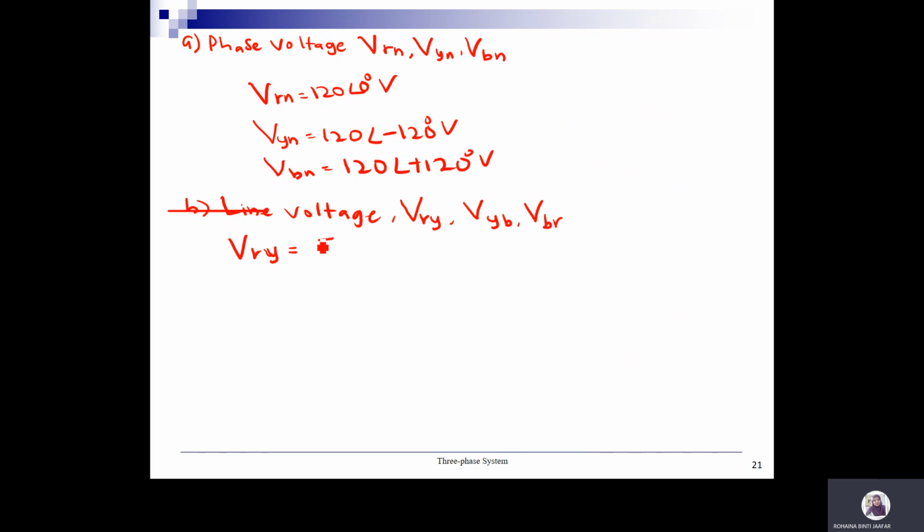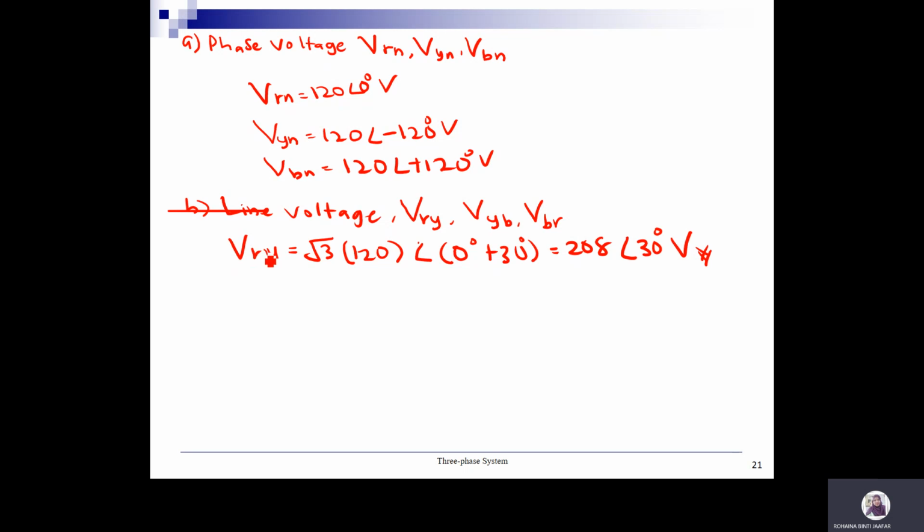It equals square root of 3, so you refer to the red phase: 120, and theta for red is 0, plus 30. So you will get 208 with theta 30 degree volt.